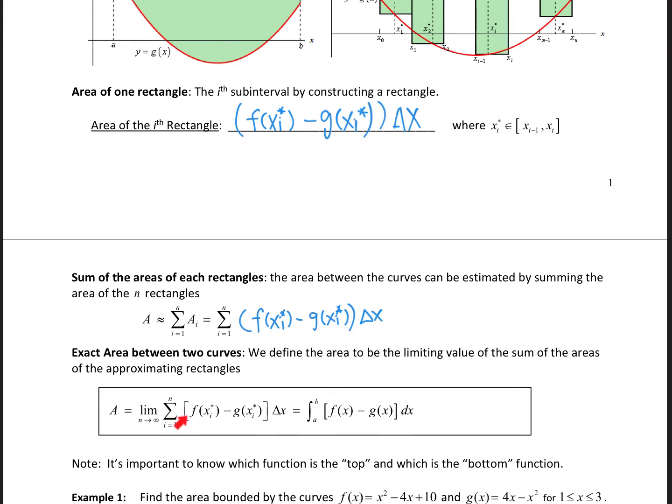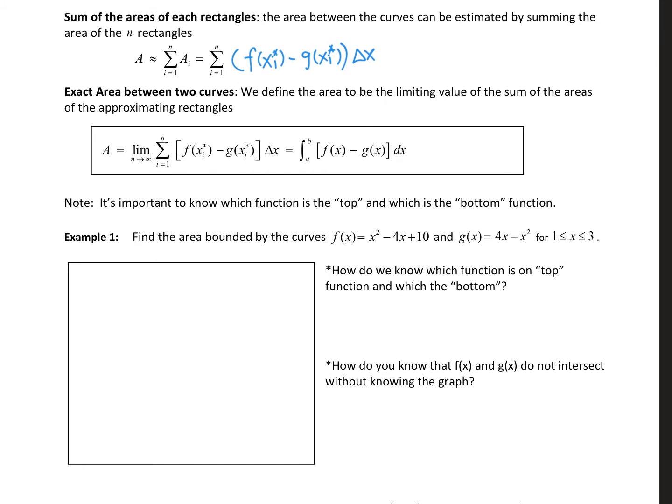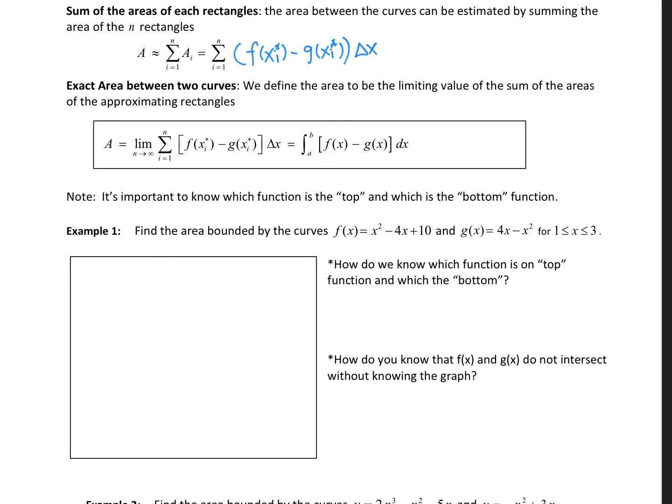And again, when you take the limit of that, that is just called the integral. So it's pretty much the same process of how we came up with the integral. It's important to notice that there's a top function and there's a bottom function. I want to make sure, how do you know if it's g minus f or f minus g?